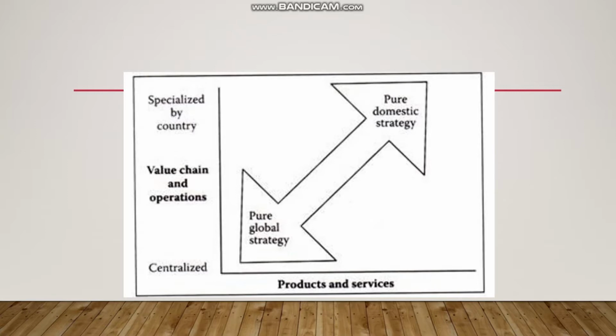This is illustrated in this figure. Consequently, even sister business units in the same industry usually offer very different products and services. In contrast, business units in a corporation following a purely global strategy sell very similar products and services.